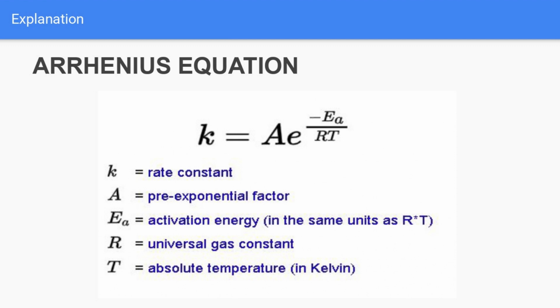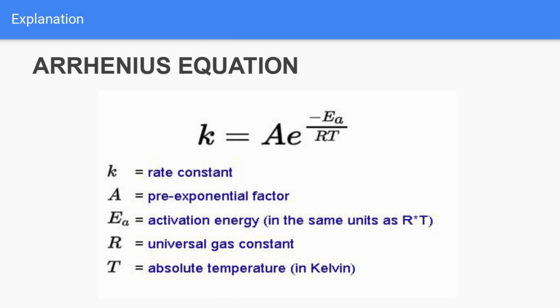Activation energy of a chemical reaction can be expressed in 2 methods. First one is in terms of energy per mole. Second one is in terms of energy per reactant molecule.